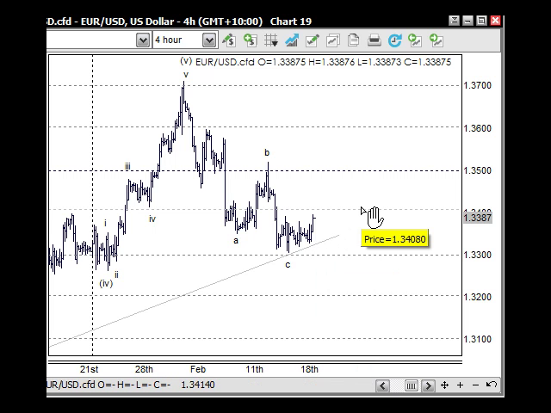The 134 here is a Fibonacci number, the 34. So it's also pretty much where the balance line is through this area. So we would really need to see that as support there, because once again this move up through here can be corrective as well in terms of an ABC. It hasn't really developed into an impulse wave yet.